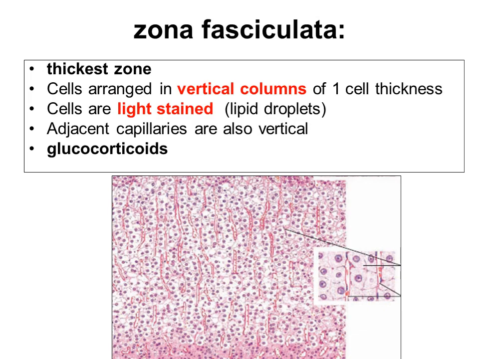Now, this is the picture of the zona fasciculata, where the cells are arranged in vertical columns and there are lipid droplets. There are a lot of lipid droplets which give a spongy appearance to the cytoplasm of the zona fasciculata cells. They are also called spongiocytes because they have a lot of lipid material.